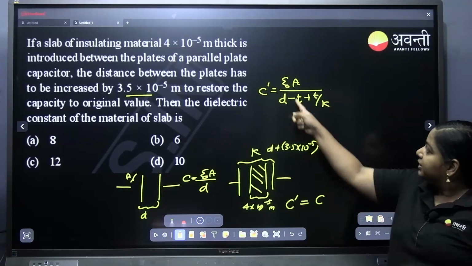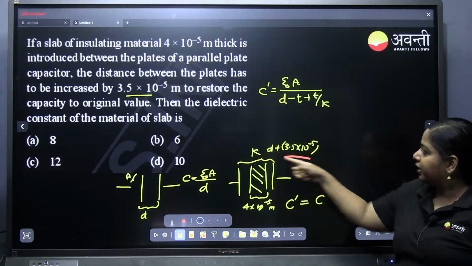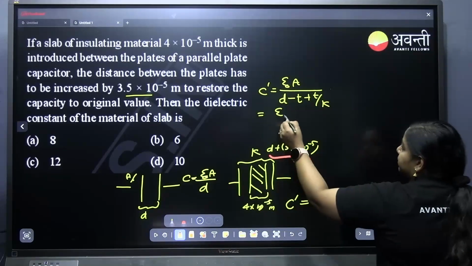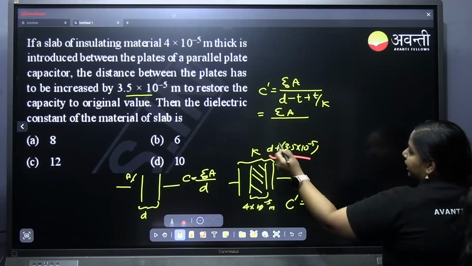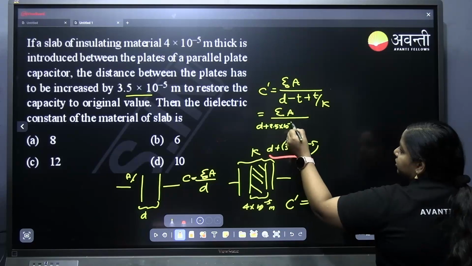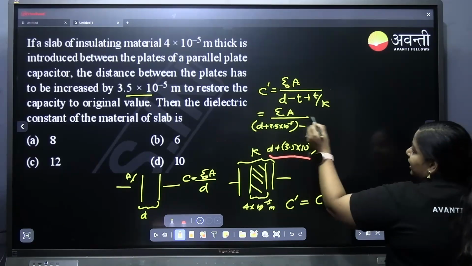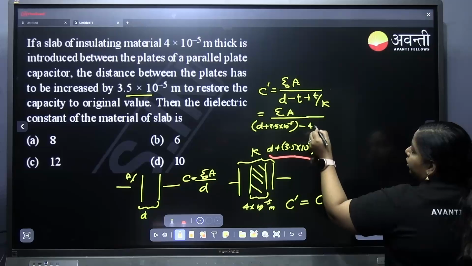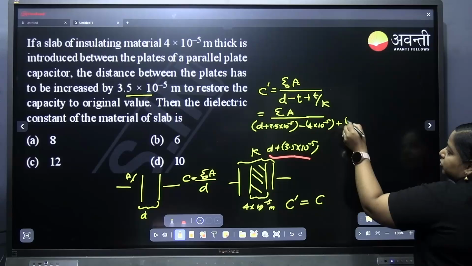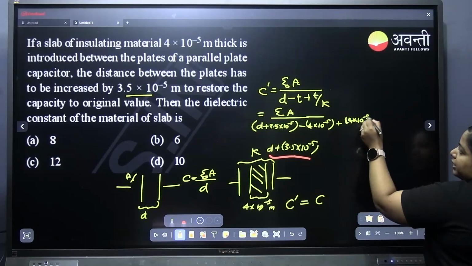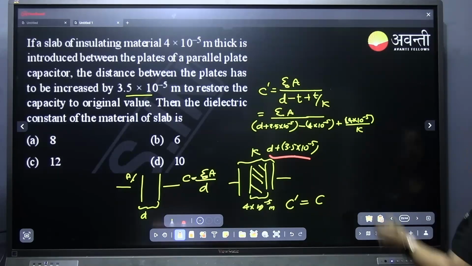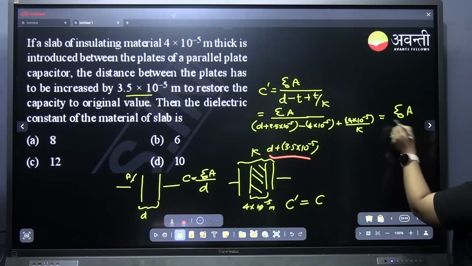In that case, this d is actually d plus 3.5 into 10 to the power minus 5. So the equation will be epsilon naught A divided by d plus 3.5 into 10 to the power minus 5 minus t, where t is 4 into 10 to the power minus 5, plus 4 into 10 to the power minus 5 divided by K. This is equal to epsilon naught A by d.